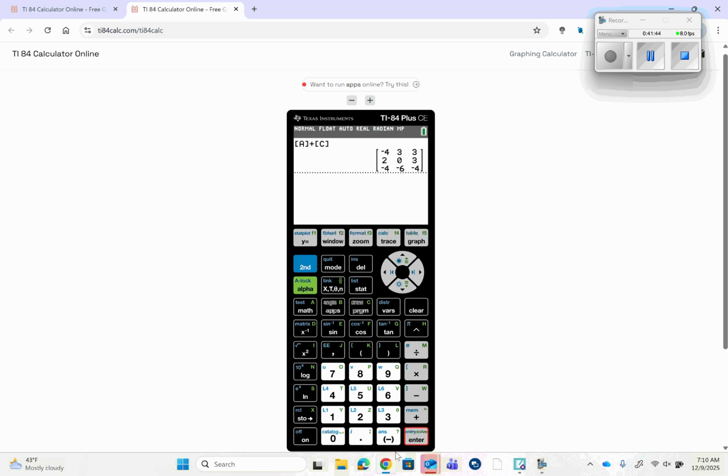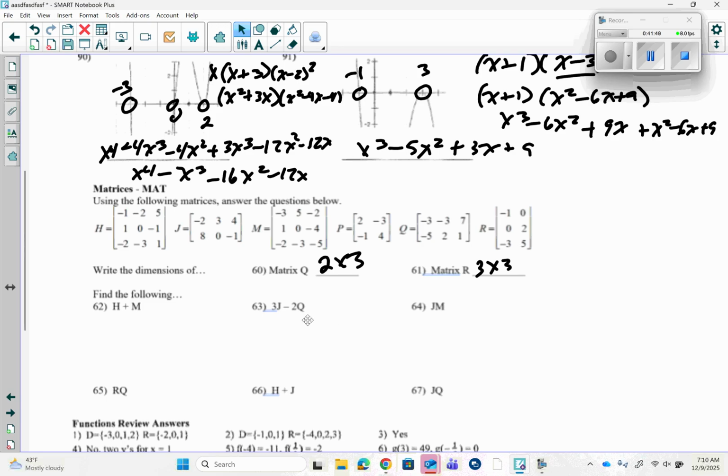Okay, so let's go back to our grid, and then we want 3J minus 2Q. So that's number 63. We want number 64 to be J times M, number 65 to be R times Q, number 66 H plus J, and number 67 we want J times Q. All right, so we can do all these just on a calculator.